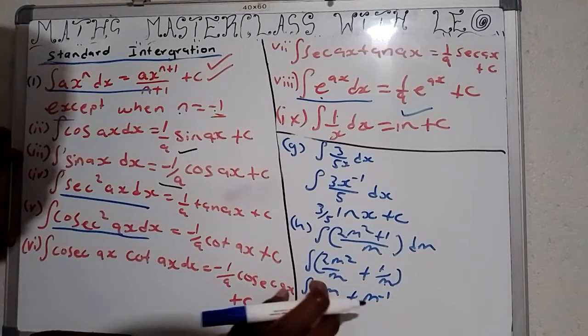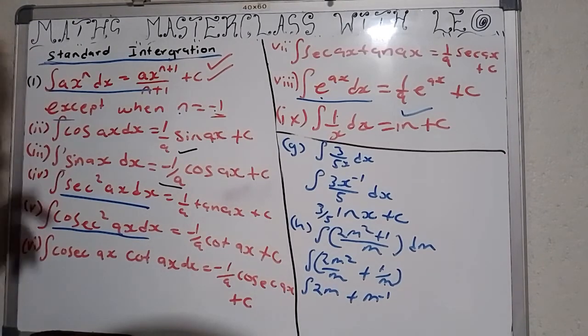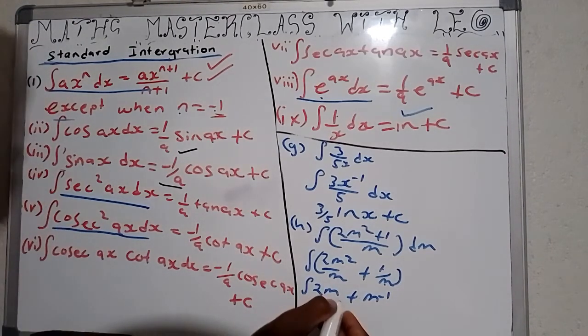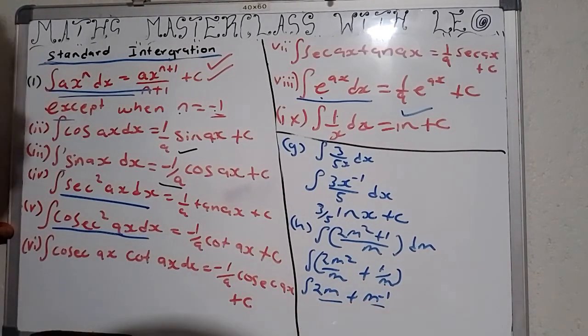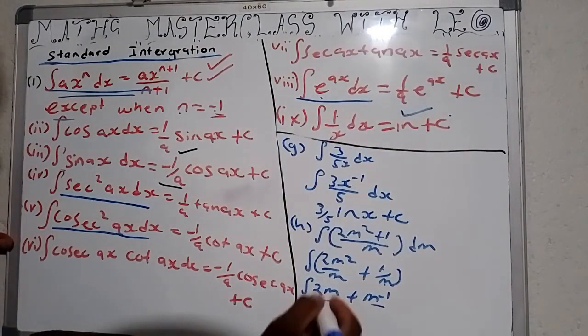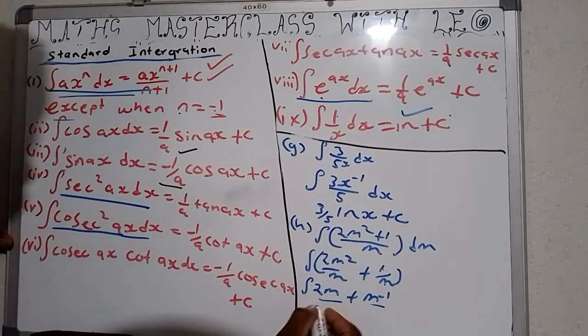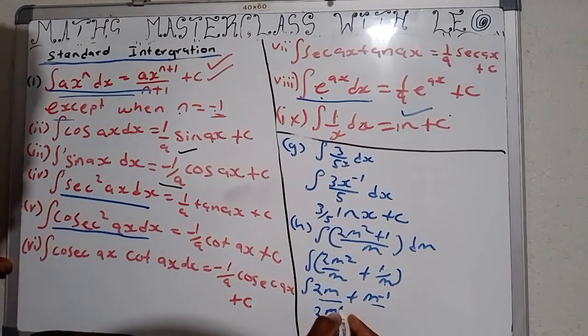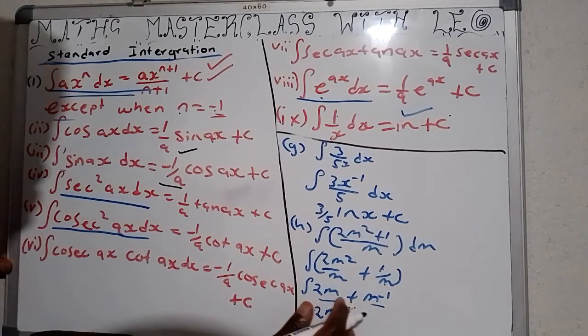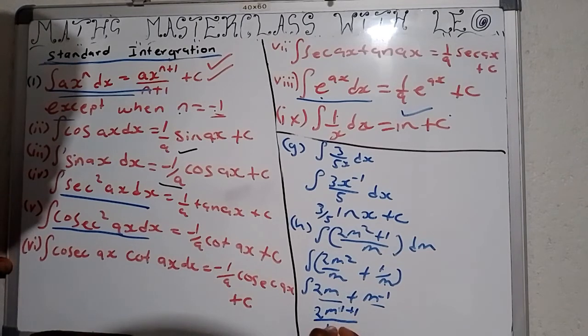In this case, I have two types of methods. This is method 1, which is this one, and this is the last method, which is this one. So when I rewrite this, I'm going to have 2m to the power 1 plus 1 over 1 plus 1, plus ln of x plus c.